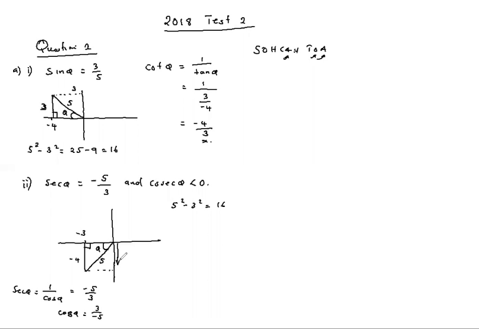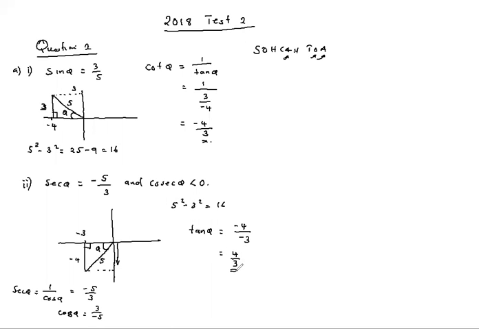Now, we're looking for what? We're looking for tan theta. Tan theta is opposite over adjacent. So opposite is negative 4. Adjacent is negative 3. So we'll get 4 over 3.